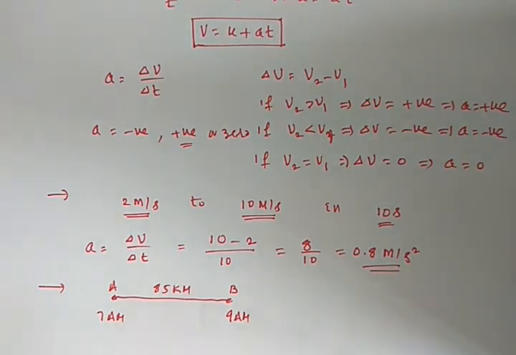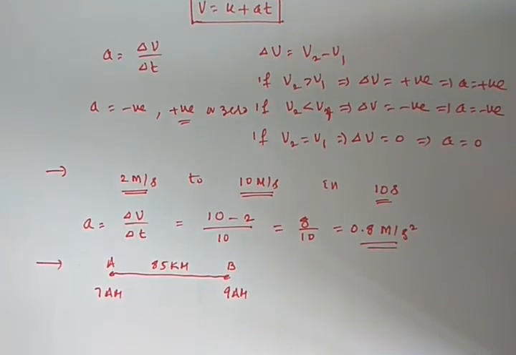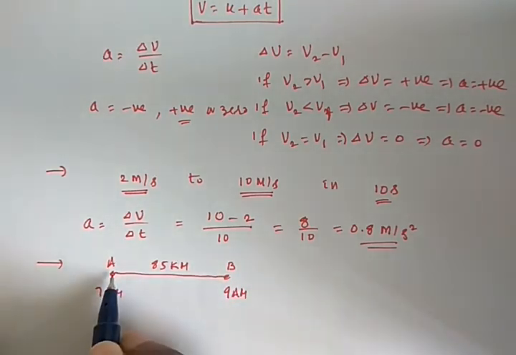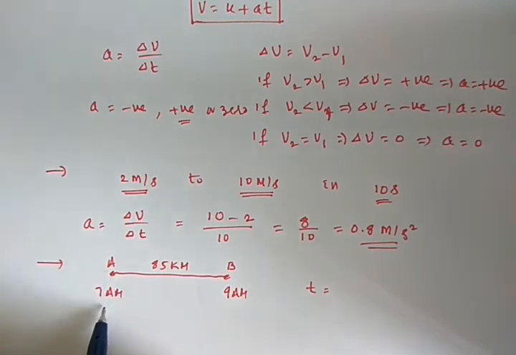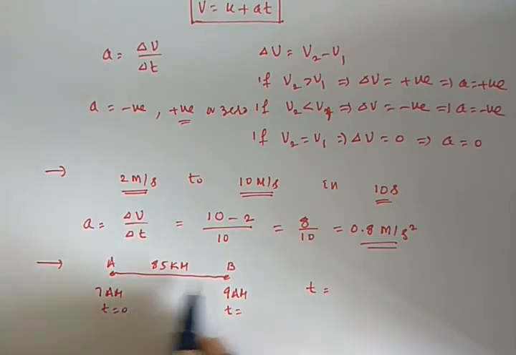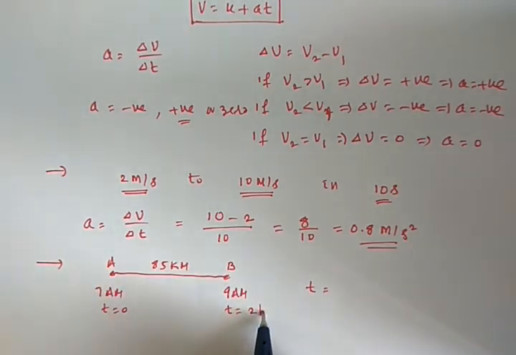So now the question is here, the train is moving from point A to B, and it started at point A at 7 a.m. and reached point B at time 9 a.m. So the time gap, the time difference, or the time taken by the train to come from A to B, if this is the reference, then from 7 to 9 it is 2 hours.